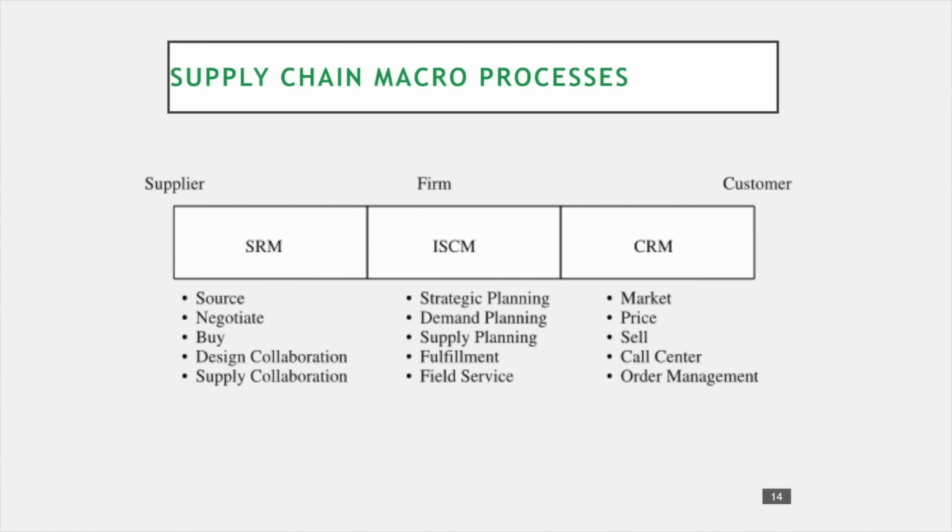Ultimately, the aim is to match supply and demand, and when communication and information sharing is difficult, it can lead to dissatisfied customers and also high cost. So good communication and coordination among owners of these processes that interact with each other is very, very important.